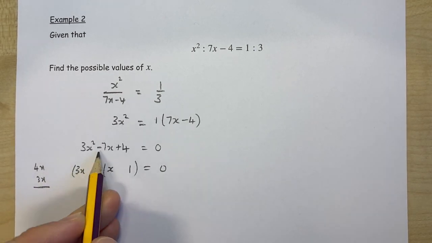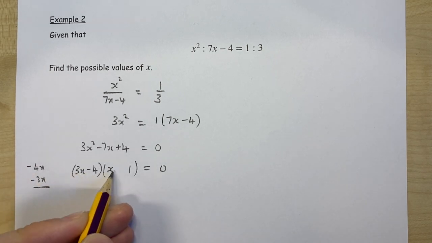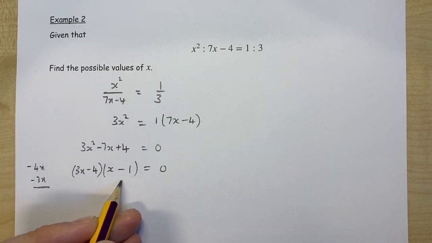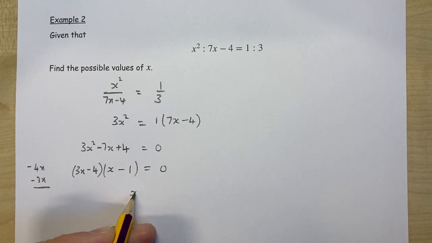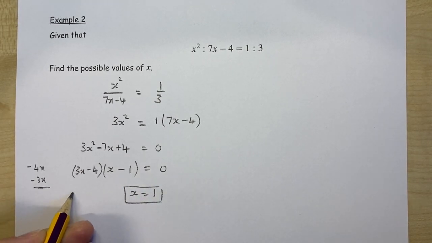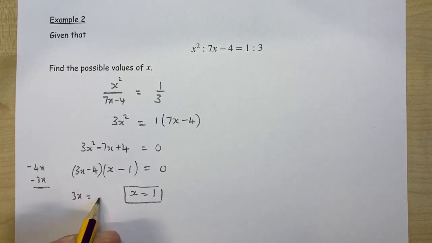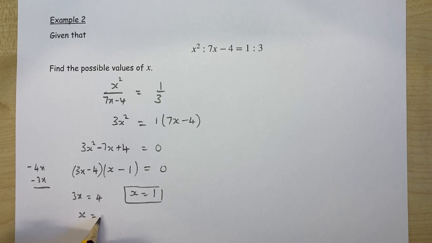And yes, those two I can make minus 7 as long as they're both minus. This one is the easy bracket, produces the answer 1. This one, some of you may well be able to say the answer straight away, but I can say that 3x has to be 4, the letter x has to be 4/3.